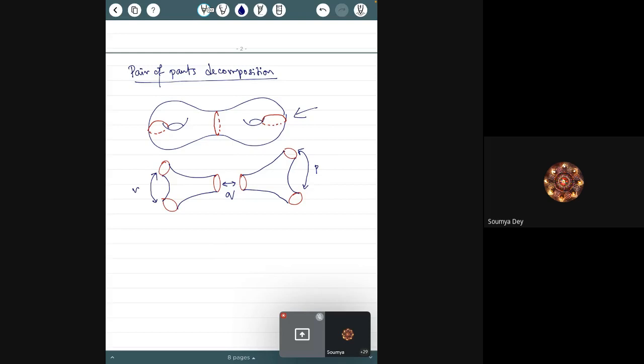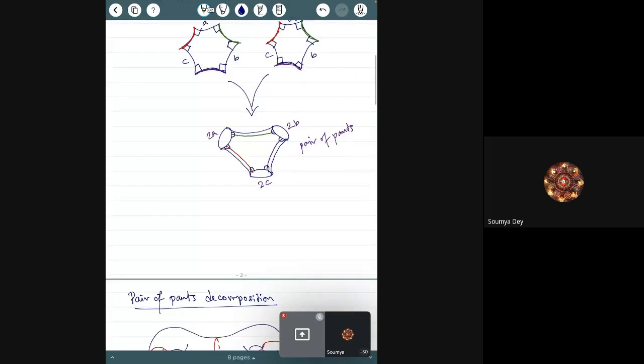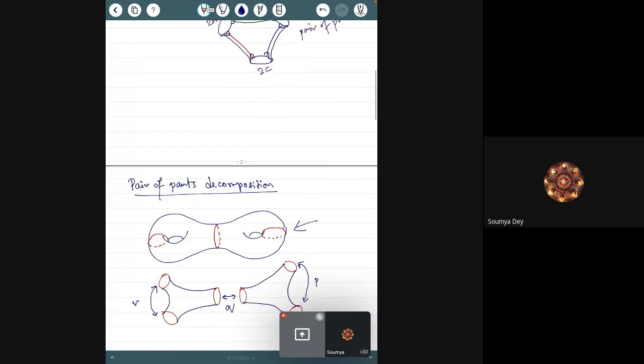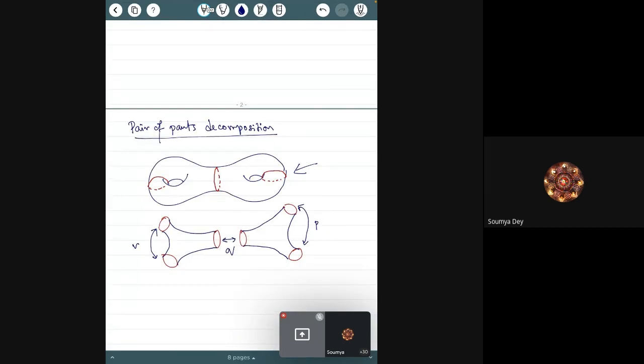You can consider this construction and give a hyperbolic structure on each of these pairs of pants such that the lengths of these two are R, this is Q, and this is P, and this is P.